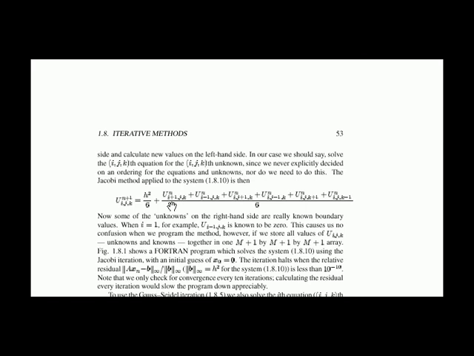Will it converge or not? Well, certainly not for all linear systems. It's shown in the book that this converges if the original matrix has what's called diagonal dominance, which basically means the diagonal element in each row is bigger than all the others in absolute value combined. And, well, this one is almost diagonally dominant.